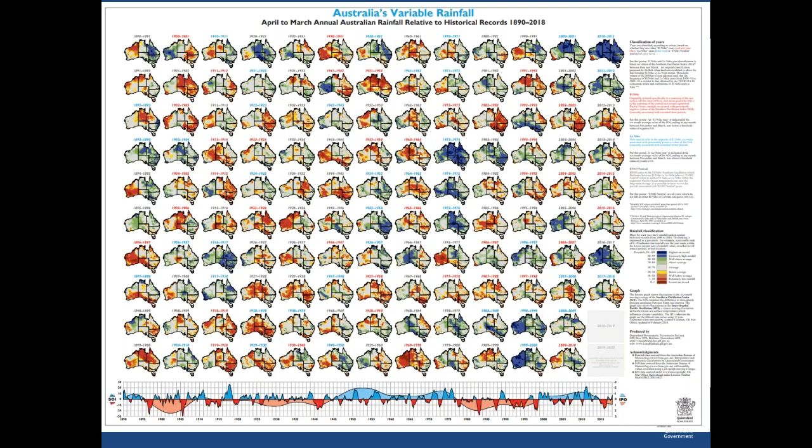Relative to history, historical records means that we are taking each 5K pixel and relating it to that pixel right across history, and we do that from 1890 to the latest year. So top left here we have the first year, which is 1890, right across to the most recent year, 2018.